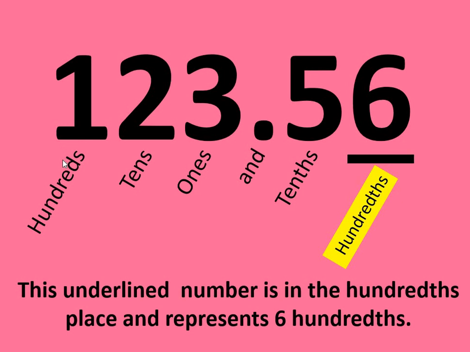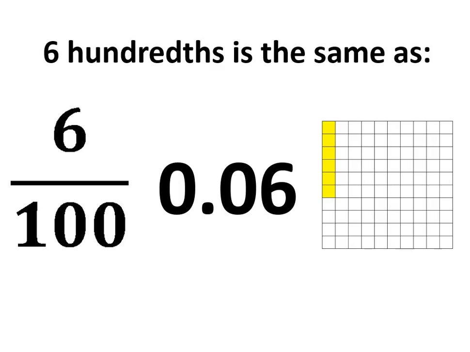So, let's read it again. 123 and 56 hundredths. I read the decimal number as it is, 56, and I put at the end of the sentence the last place value in the decimal part, which is here hundredths, okay? 6/100 is the same as 6 out of 100.